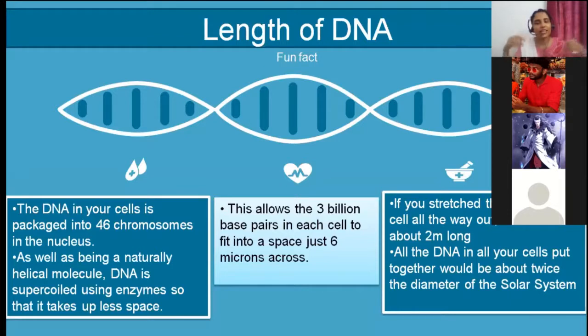And if you take the DNA from all the body cells you have, tie them with one another and stretch it, it will be twice the diameter of the solar system. It's huge. It's amazing how our body makes these small molecules and compresses them into a small region.